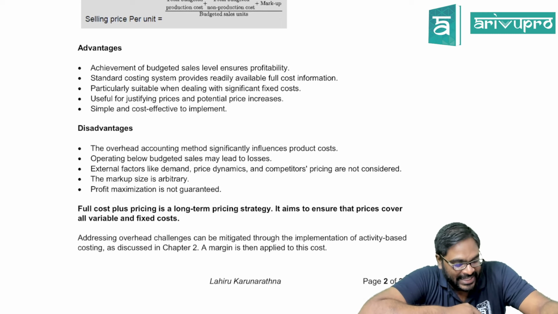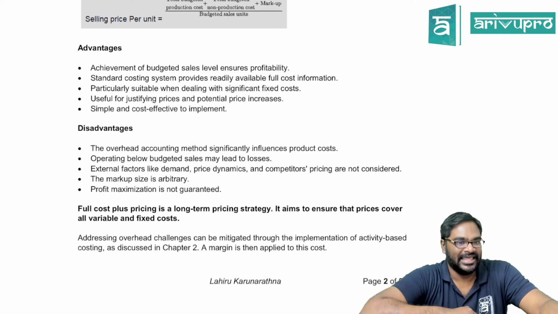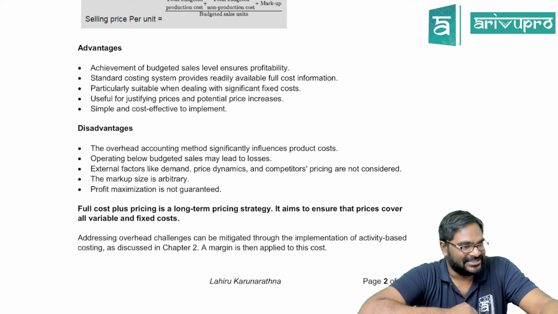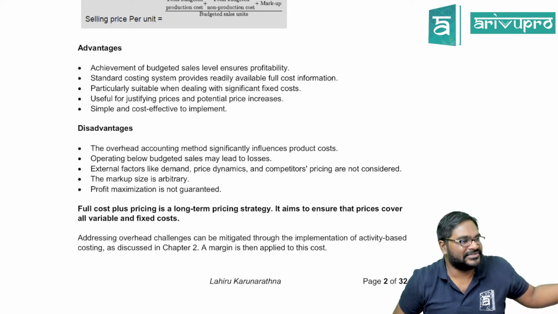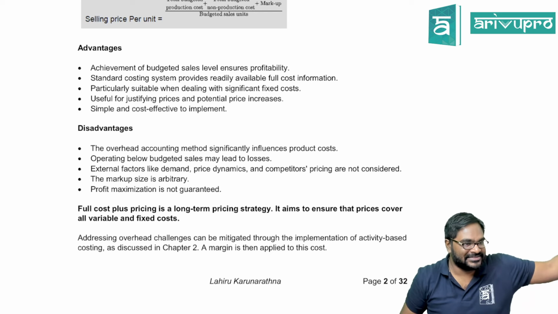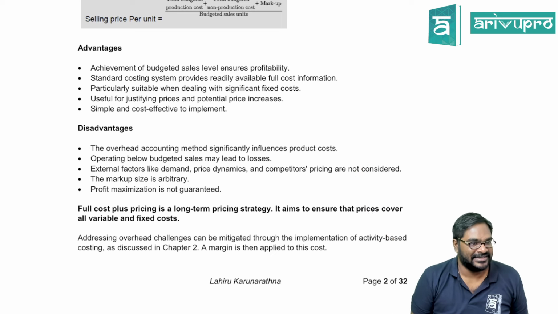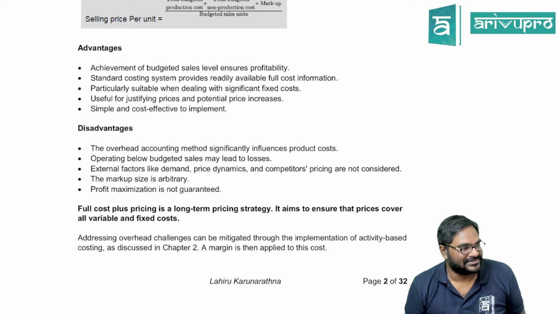Third one, external factors like demand and competitors' pricing are not considered. But in the modern world, we can't just disregard these factors. Just because we need to produce 10,000 units to have a profit, that doesn't mean the entire 10,000 will be purchased by the market, right? What if they don't purchase?